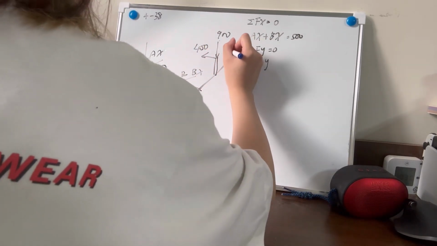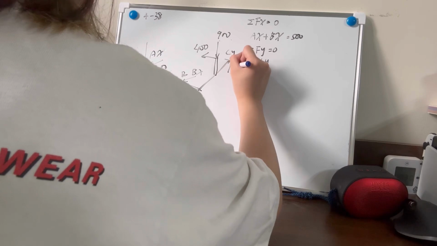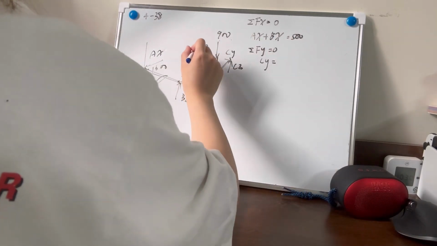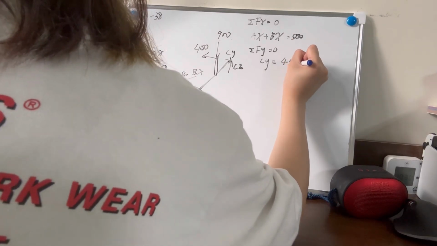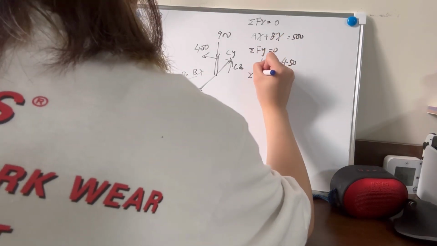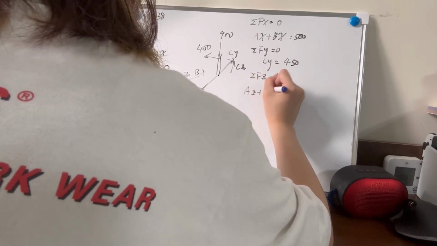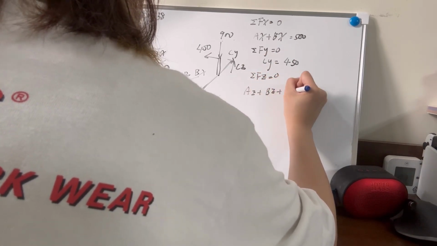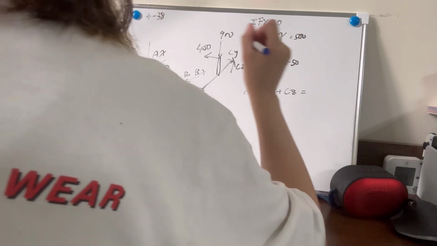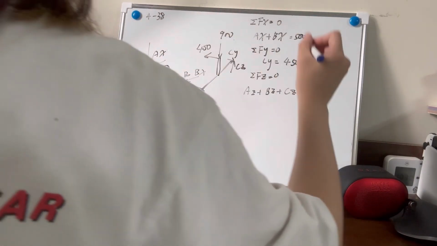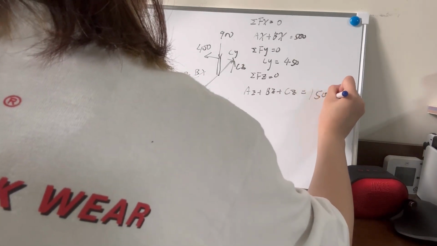So here Cy, Cz, Cy here, and this here, and summation Fz equals 0. So we have Az plus Bz plus Cz, and is 900 plus 600, so it's 1,500.